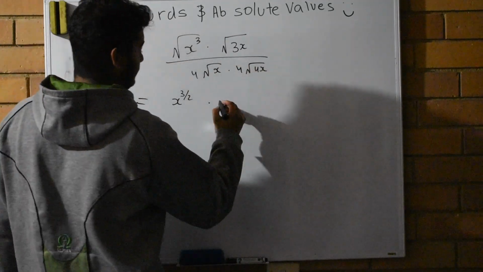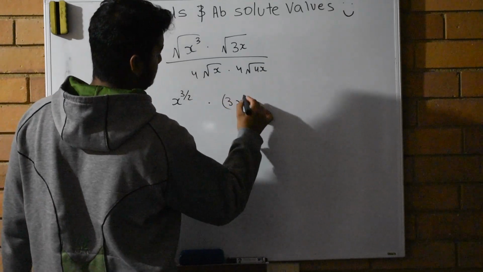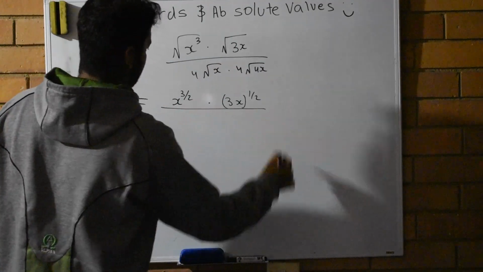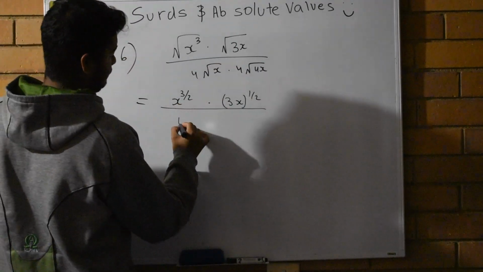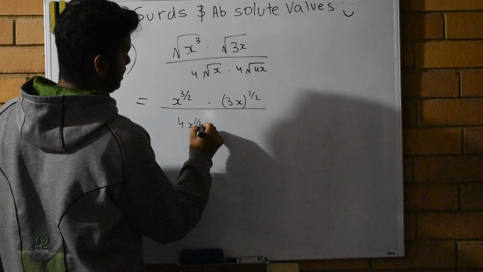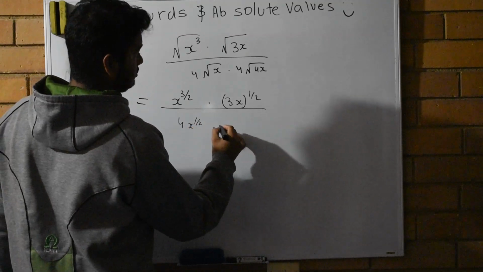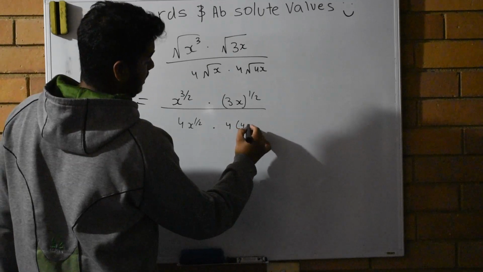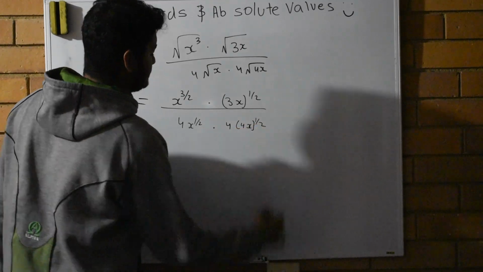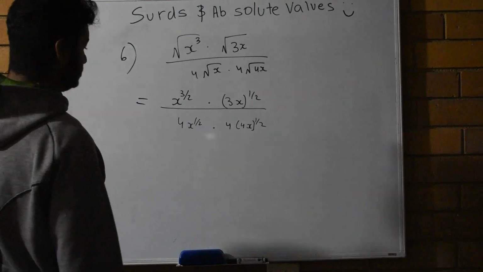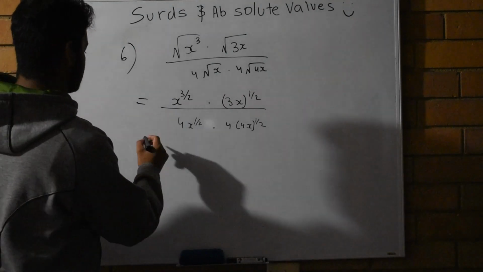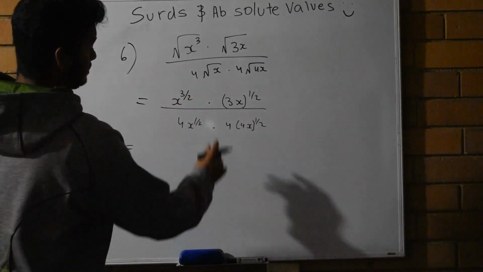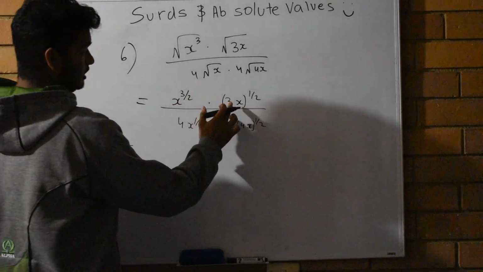Anyway, so this one here, 3x to the half, because square root, divided by 4x to the power of half, and then times by 4x to the half. Okay, now in this case, let's individualize this.